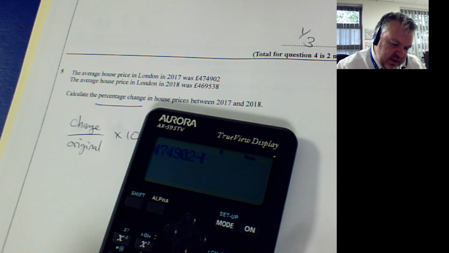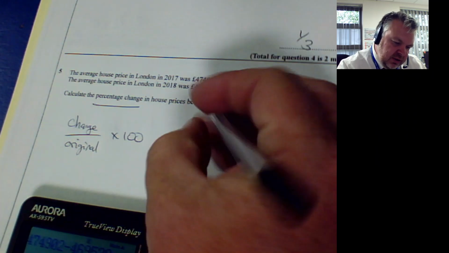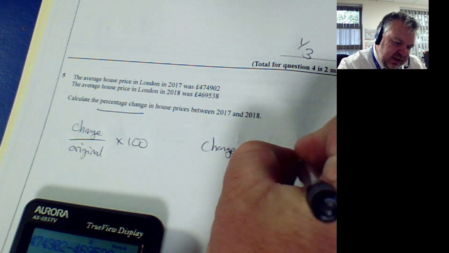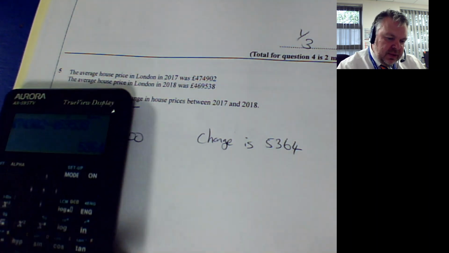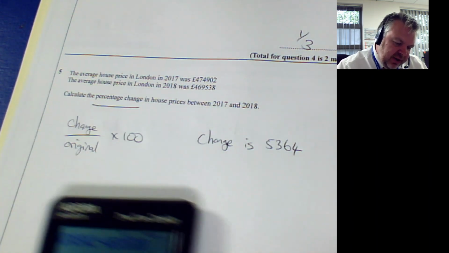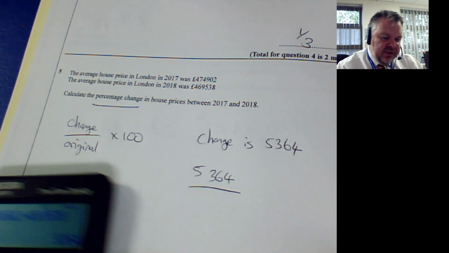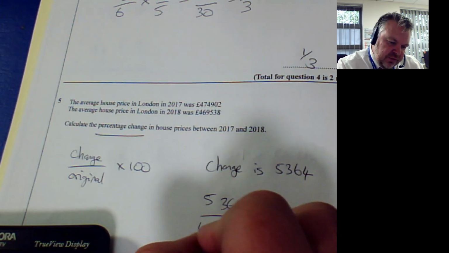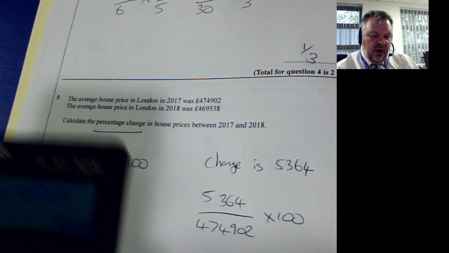So 474902 take 469538 gives me 5364. So the change is 5364. Okay. Next thing then, we need to divide that by the original. 5364 divided by, now the original one was where it started at, so in 2017, 474902, times it by 100, and we're going to get our answer.